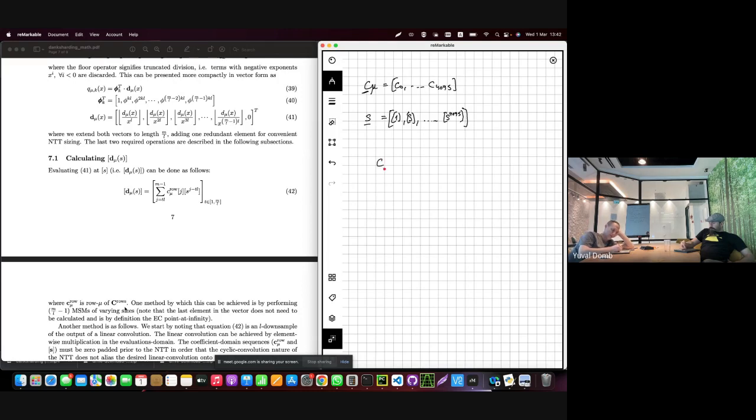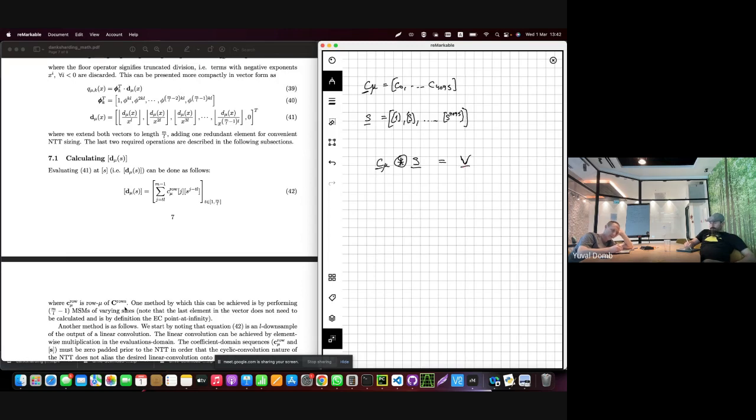So we can say maybe we do this. Maybe instead of doing this matrix product where we have this Toeplitz matrix, maybe we do the following: a convolution of these two vectors. If we do a convolution of these two vectors, we know that the answer is some vector of group elements.